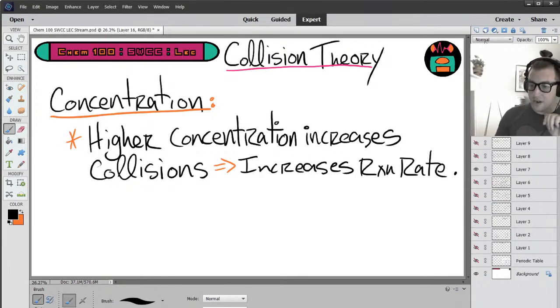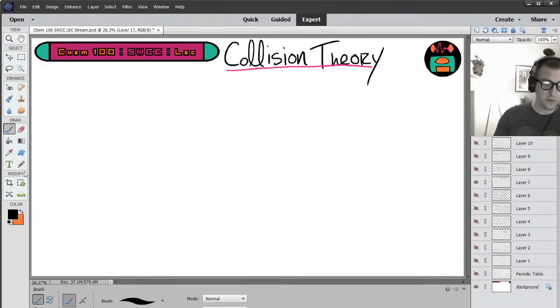Temperature can also influence reaction rates.